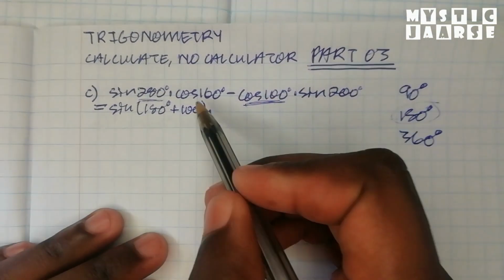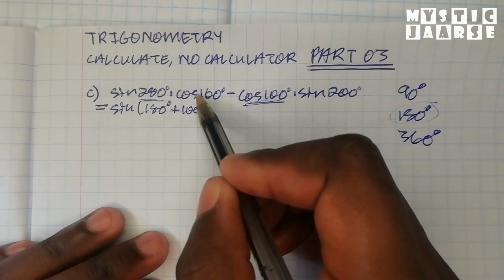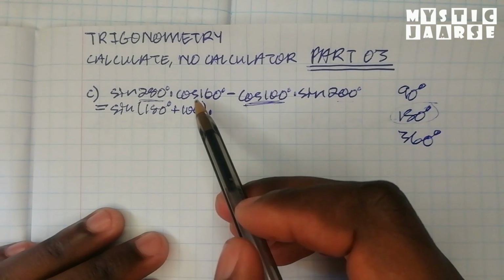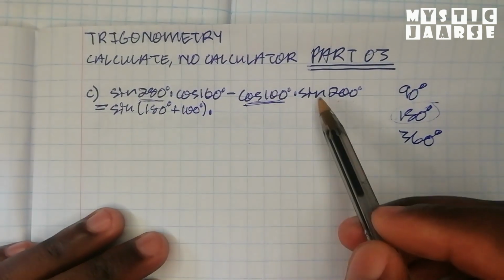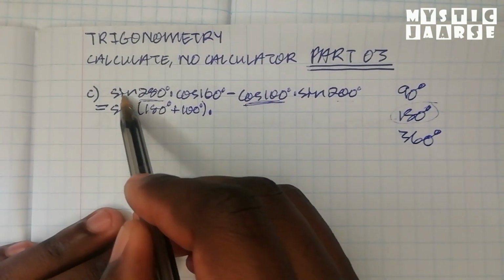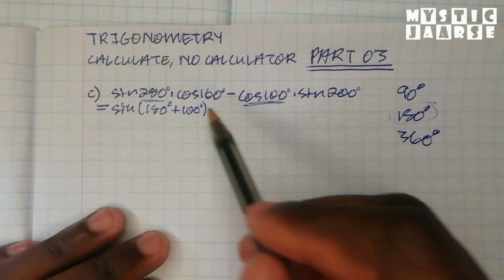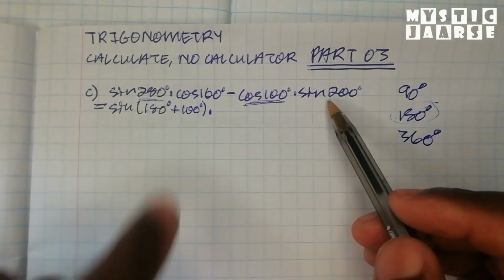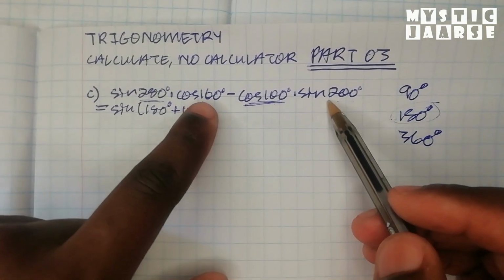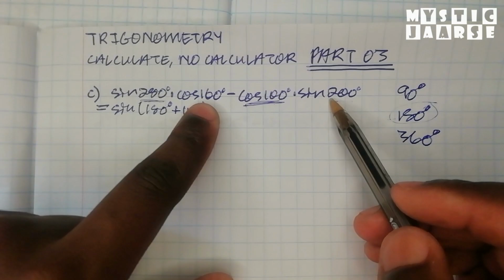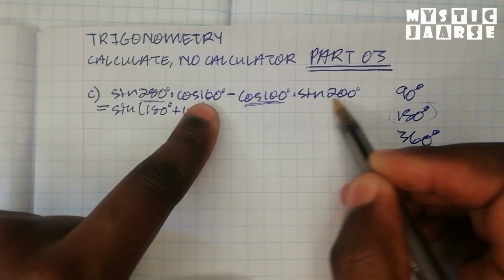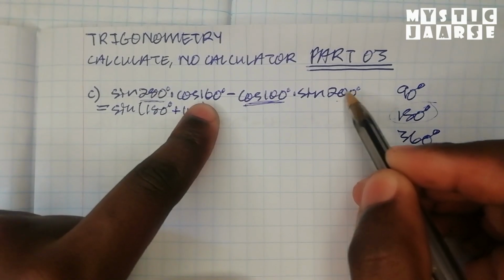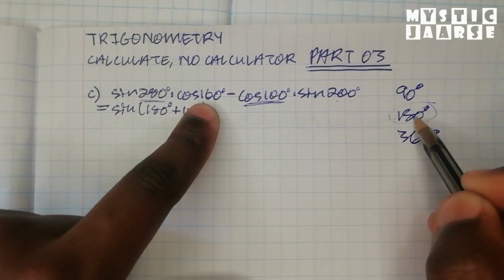Multiplied by, now cos of 160. 160 should correspond with 200, right? Because this is sine, cos, cos, sine. This corresponds with this, therefore these two pairs are left out, so they should correspond. Now when I look at 200, you only need to subtract 20 degrees to get to 180.